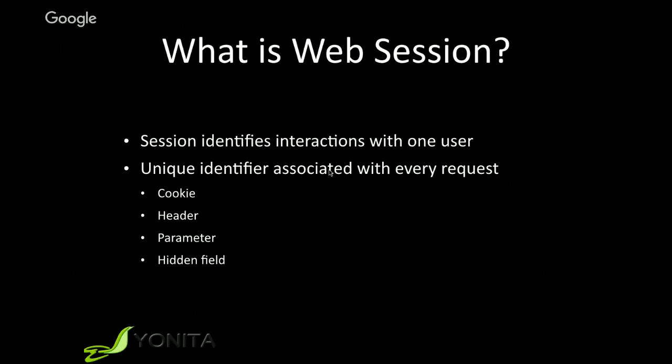The implementation is simple. We need to associate a unique identifier with every request from the same user. So in Java, this identifier is named by default JSESSIONID and is implemented as a cookie or URL parameter.